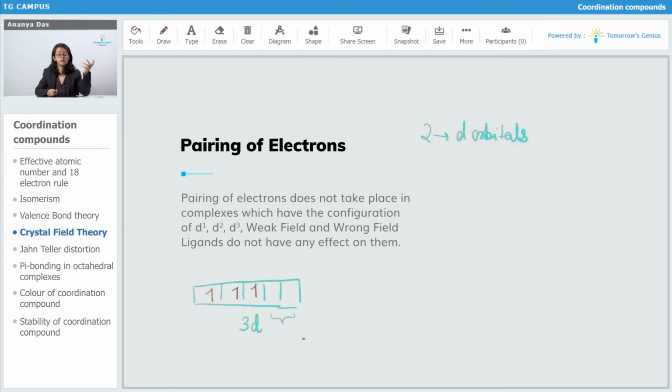There is no need for pairing up, so pairing will not take place. And if pairing does not take place, the concept of strong field and weak field ligands will not exist here. For 3d1, 3d2 and 3d3, it does not matter what ligand is present. There is going to be no pairing. So no ligand is strong and no ligand is weak in case of the configurations d1, d2 and d3.